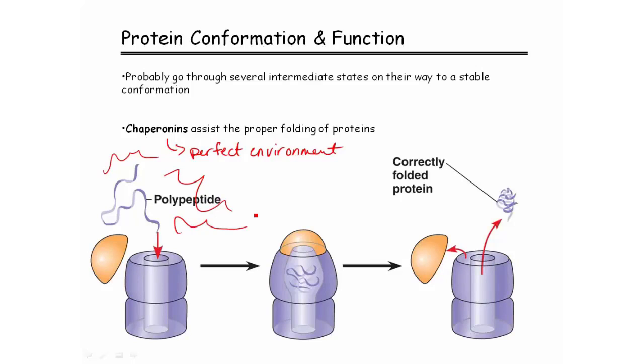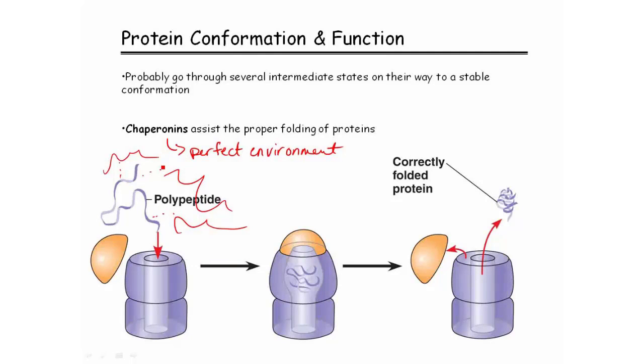Those proteins are going to have side chains, which may be interacting with hydrogen bonding, ionic bonding with this one right here. So if we have all these other interactions, we may be affecting its ability to fold. So perhaps it just needs isolation. So by entering the chaperonin, we're isolating it so that other factors are not going to be affecting it.